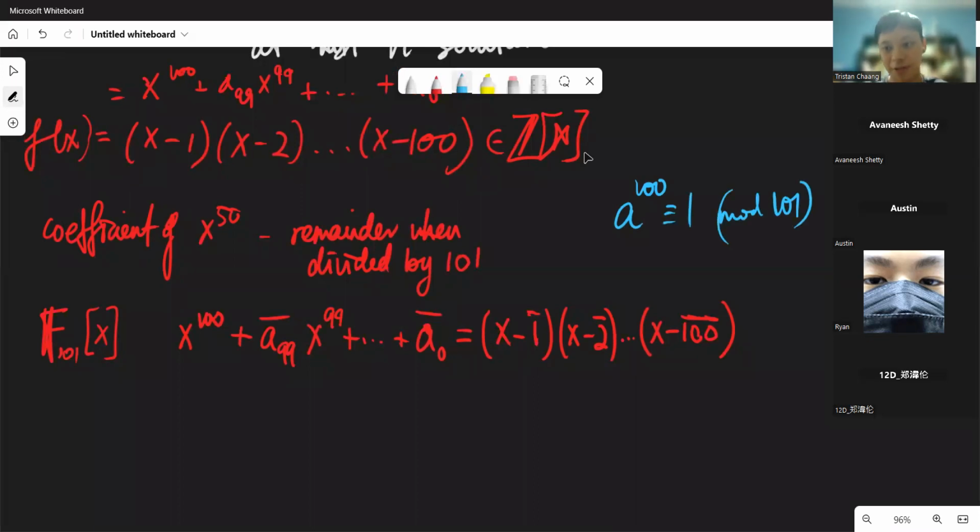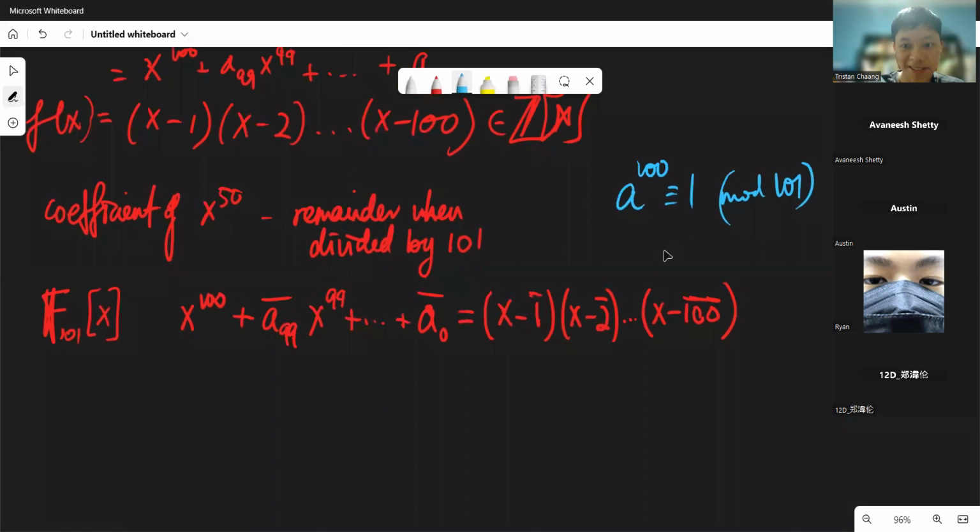Well, if a is non-zero, or not divisible by 101. That means x to the 100 minus 1, this polynomial has roots 1, 2, 3, 4 until 100. And it has 100 roots.